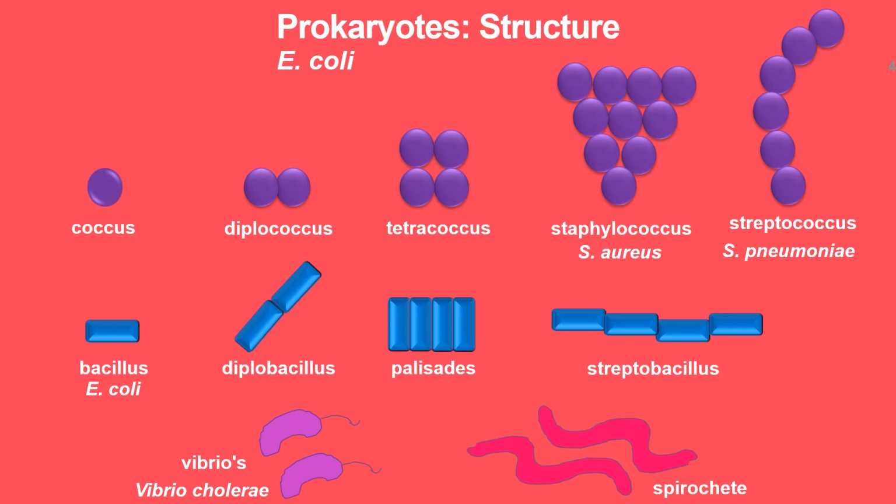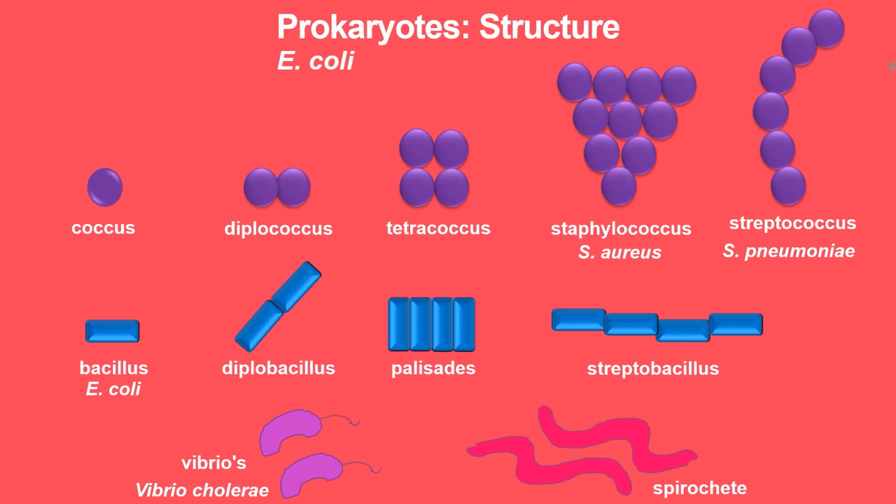And as we move across to the right, you can see we have two, so that's a diplococcus. Sometimes it's also known as a diplococci. So cocci is where there is more than one of those spheres. We have the 4 with the tetracoccus, this grape-like formation with the staphylococcus, and this filament-like formation with the streptococcus.